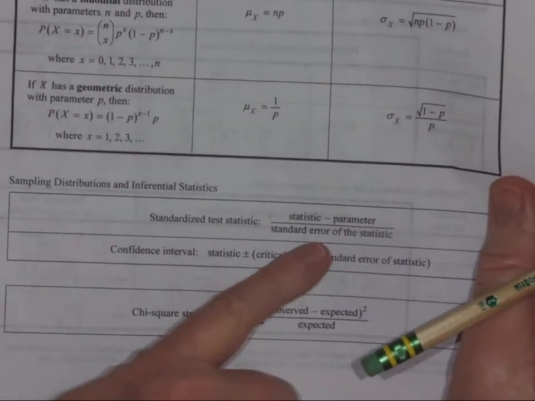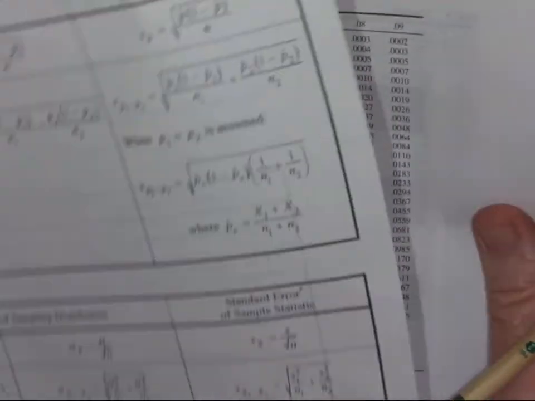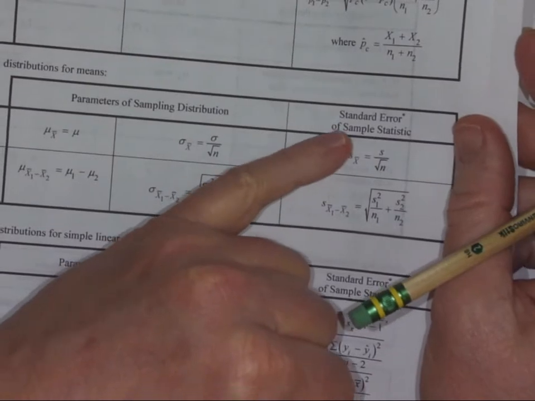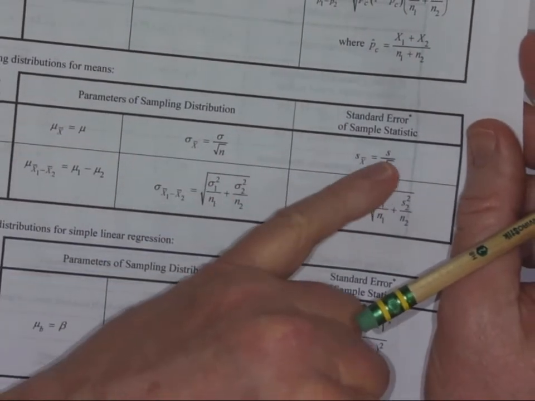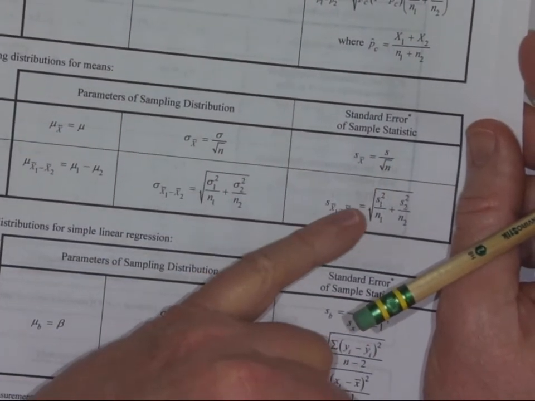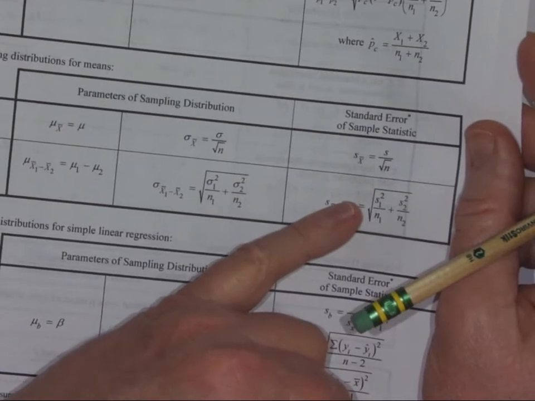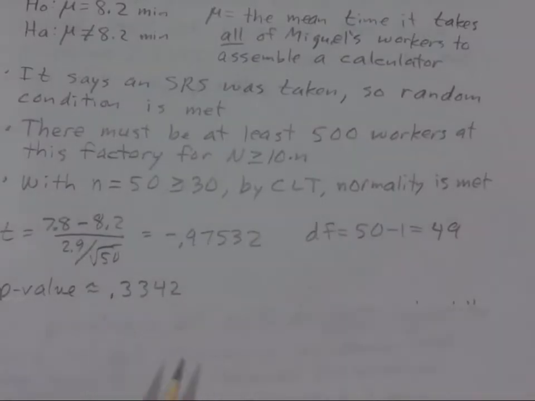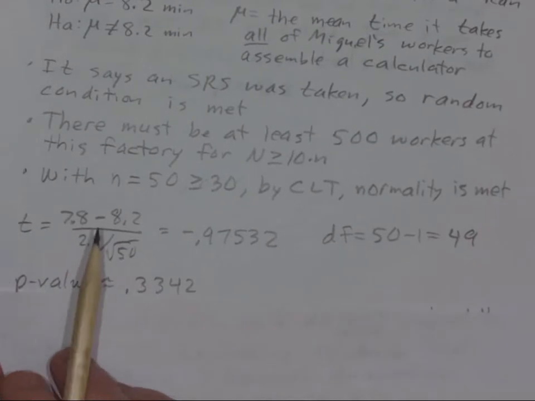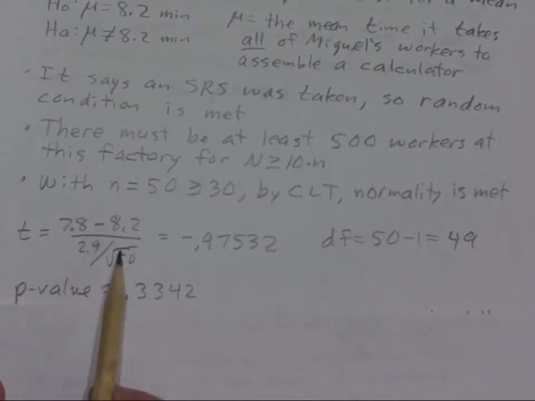And then the standard error of the statistic, well, we go to the next page. The standard error of the sample statistic for a mean down here is s over the square root of n. And of course, that's for the two sample thing, which we're going to do an example like that in a minute. So entering those values in, you would enter it like that. Statistic minus parameter over standard error is equal to that.